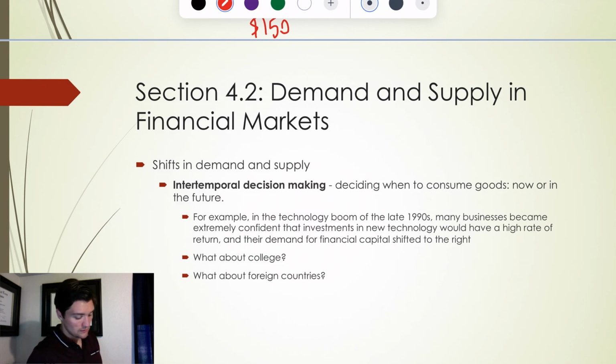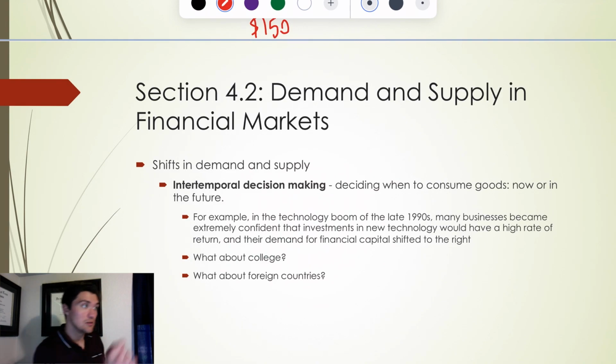So, for example, in the technological boom of the late 1990s, many businesses became extremely confident that investments in new technology would have a high rate of return. So they would earn a lot more money on these investments. So their demand for financial capital shifted to the right. Why this happened was that they wanted to invest in the new technology. How can you invest in something?